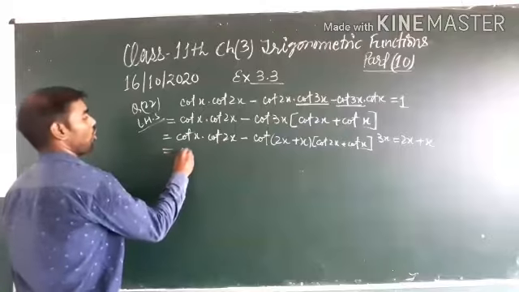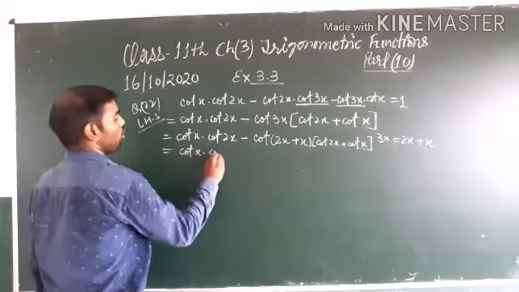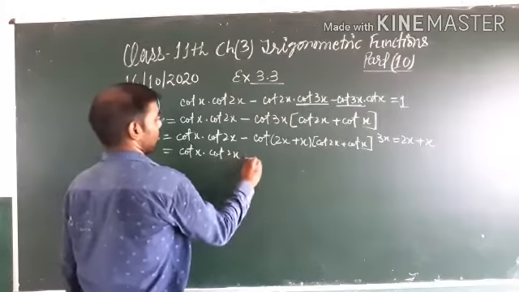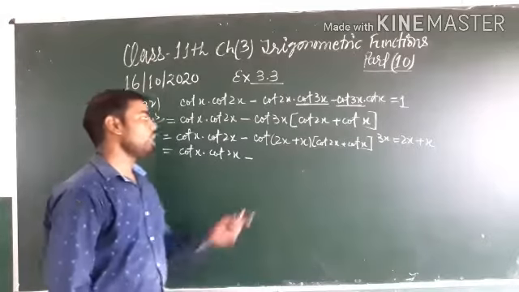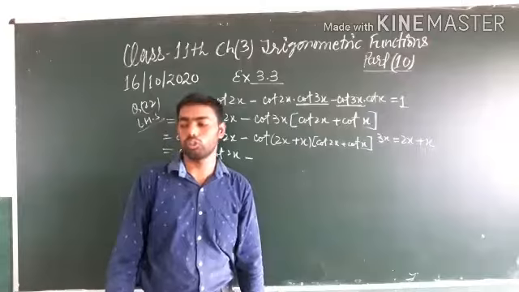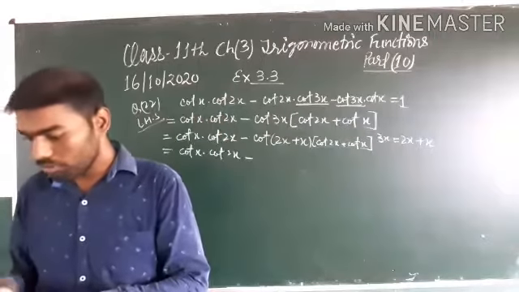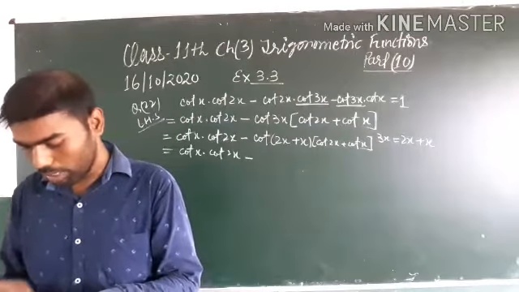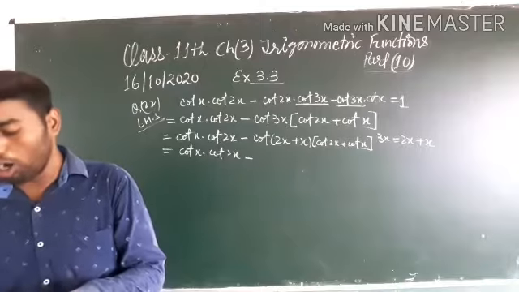Now cot x into cot 2x, and this is the trigonometric identity for cot (x plus y).